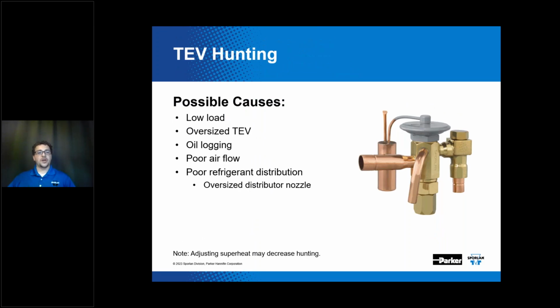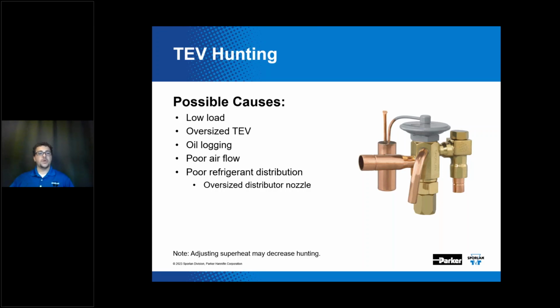Moving on to hunting. Hunting arises when you have big swings in superheat. I do want to mention that a moderate or small amount of hunting is acceptable, but severe hunting can cause flood back to the compressor and can cause control issues with the TEV.